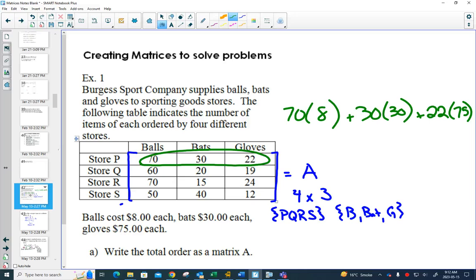And that wouldn't be hard to do for store P, for store Q, for store R, or for store S. It's not hard to do, okay? So it's not like, oh, this is replacing something that I didn't know how to do otherwise.